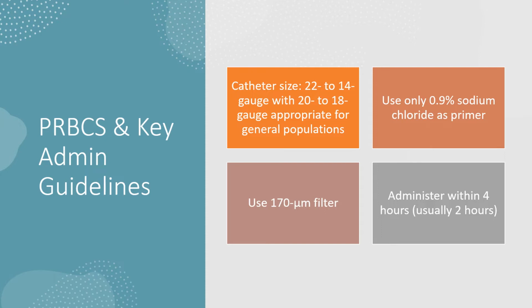Blood warmers or pressure transfusion devices are used in the ICU or in any emergent conditions. Rapid infusers and other pressure infusion devices must not exceed 300 millimeters of mercury, and the only compatible solution with blood is normal saline.